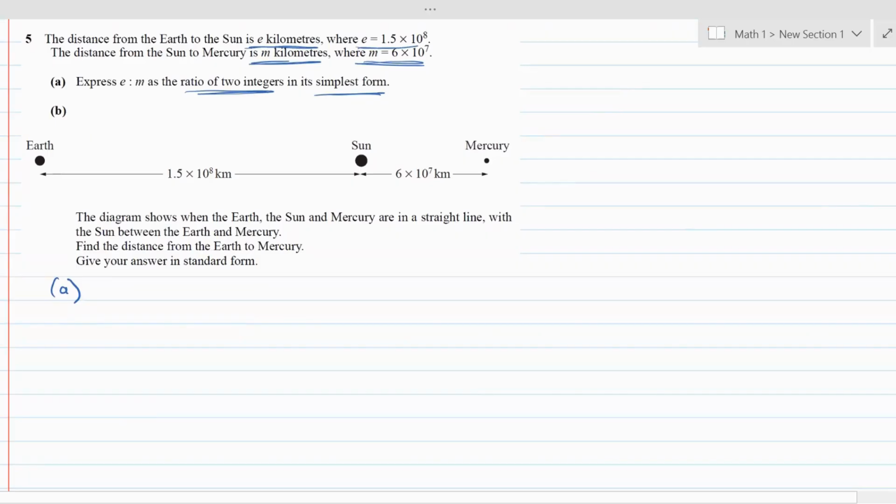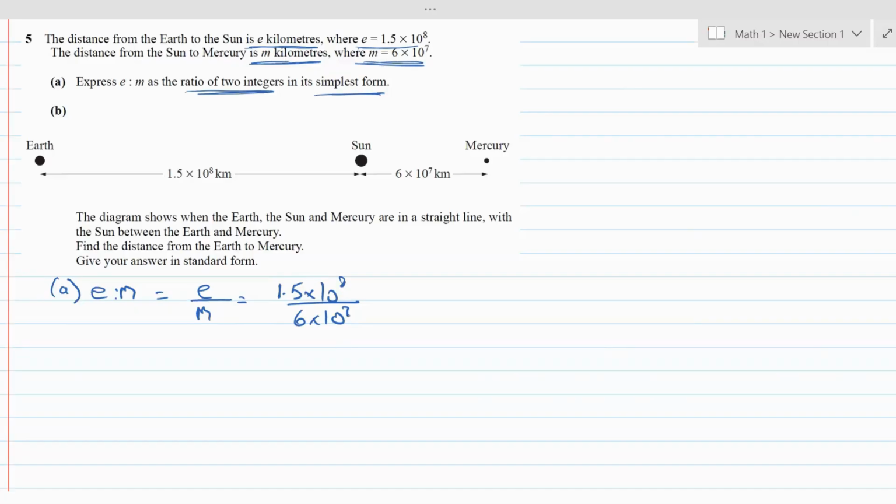All right, so E ratio M can also be written as E upon M. And E upon M means it's 1.5 into 10 to the power 8 upon 6 multiplied by 10 to the power 7. Keep in mind, this is not the case of division. We have to get the numbers as a ratio of two integers, which means we have to get rid of this tens power.